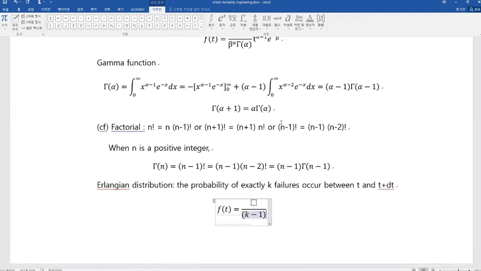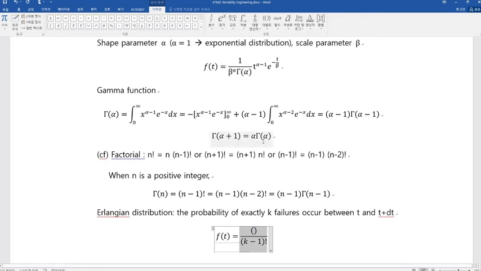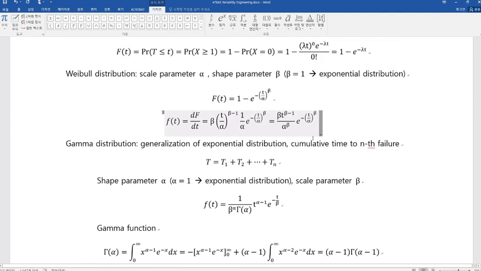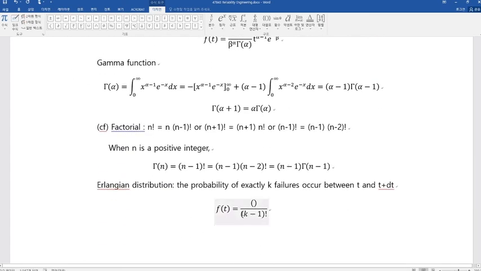So k minus 1 failures must occur prior to time t. So the probability that k minus 1 failures occur for that time duration t would be, this is the place for lambda.